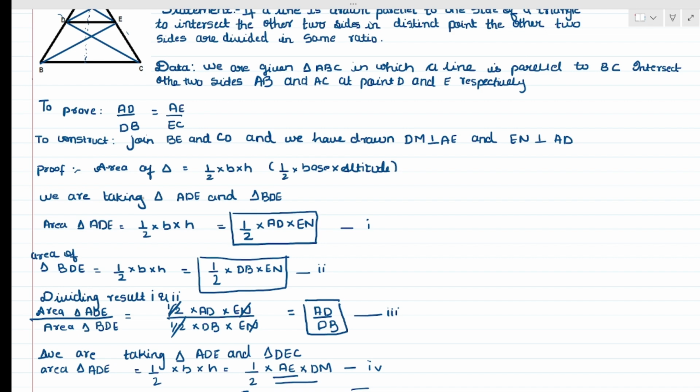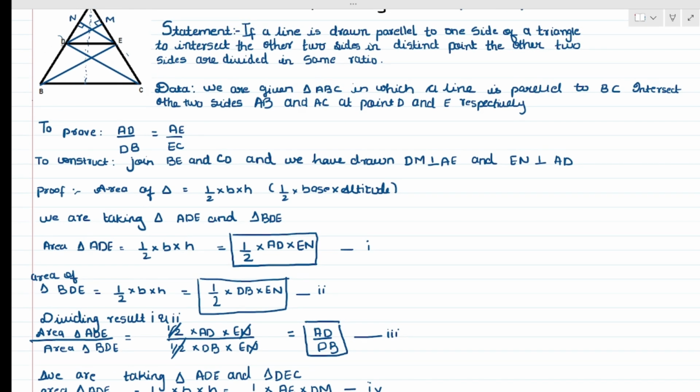Now the last step is selecting our two bottom triangles, which are triangle DBE and triangle ECD. What are they common in? They have a common base. Whenever they have a common base, their area will always be equal.